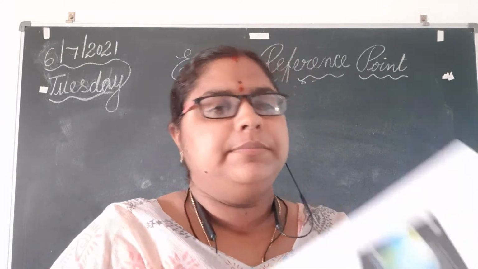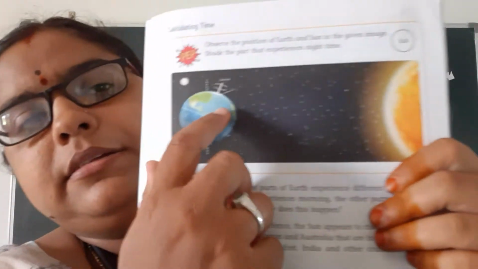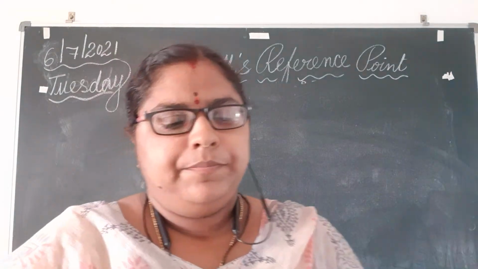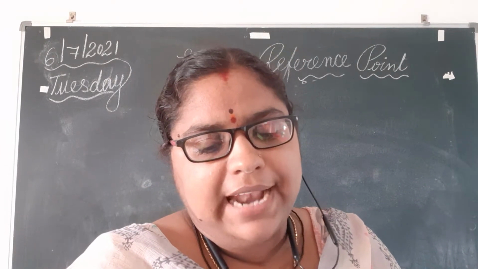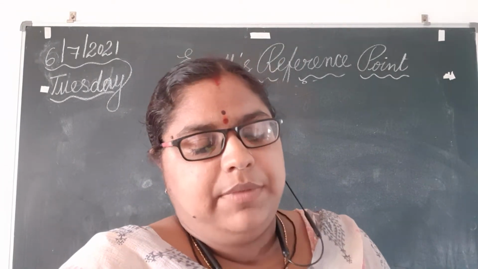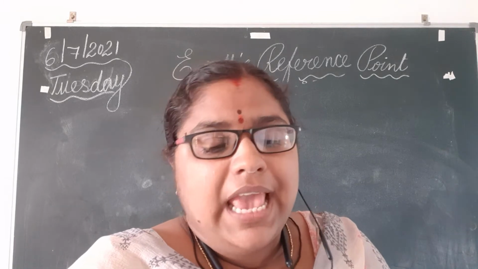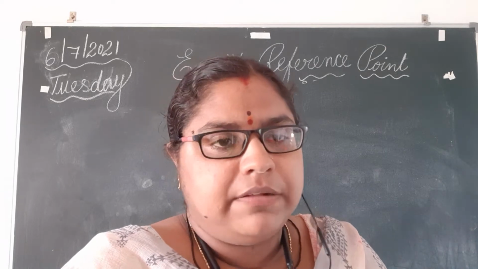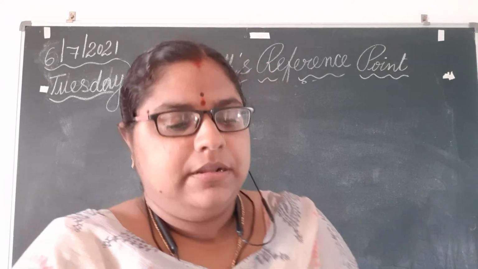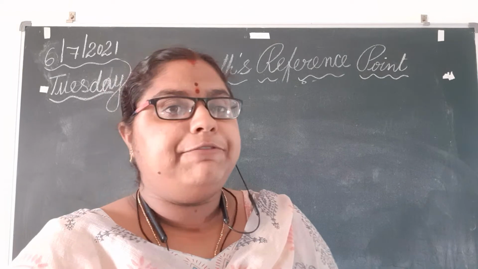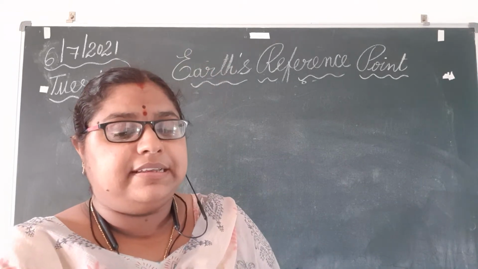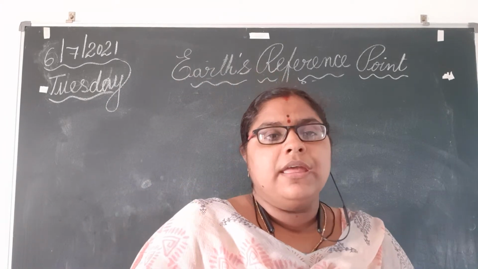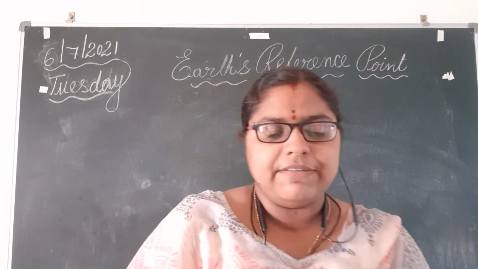Observe the picture here. Observe the position of earth and sun in the given image. Shade the parts that experience night time. Then coming to the lesson. At any given time, different parts of earth experience different parts of the day and night.